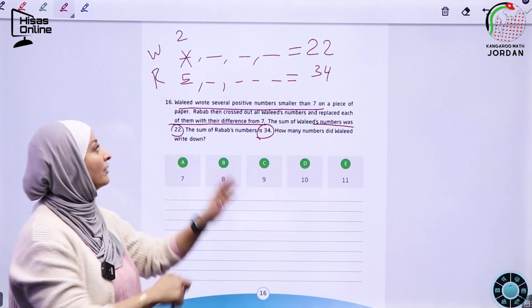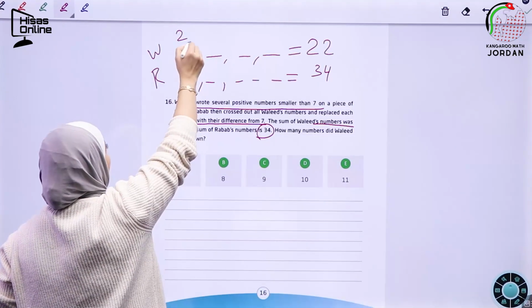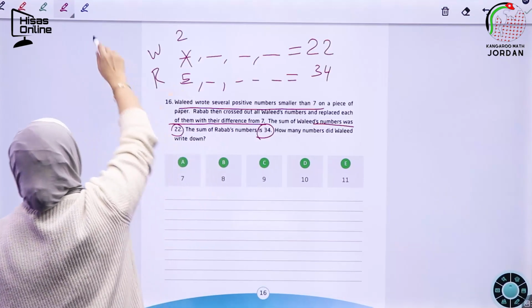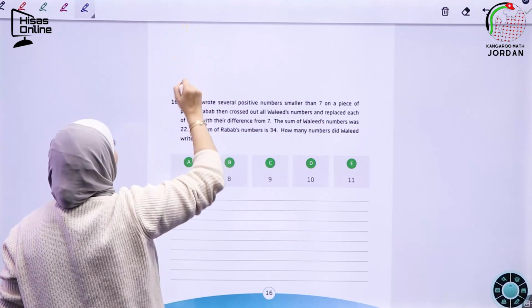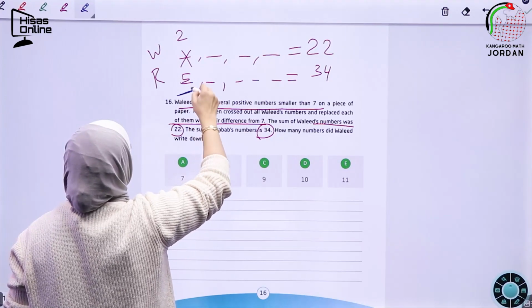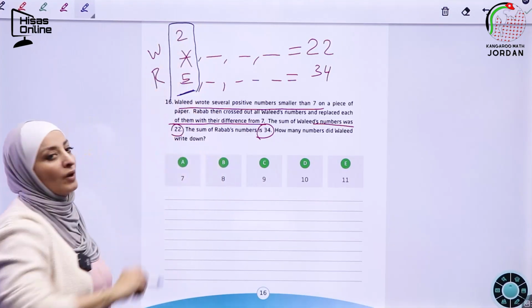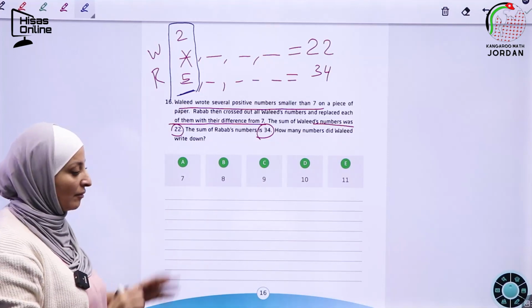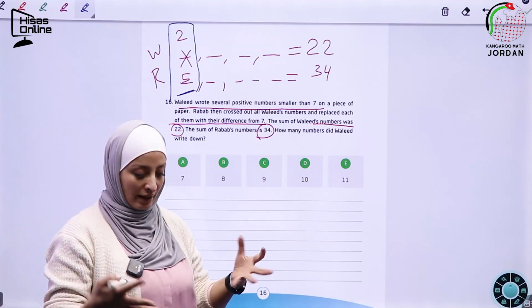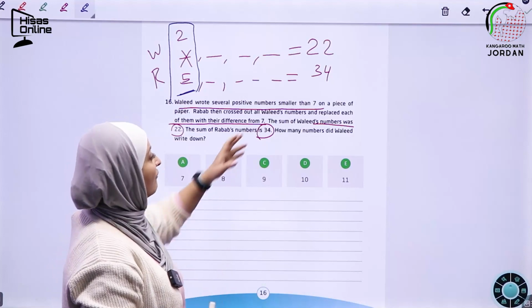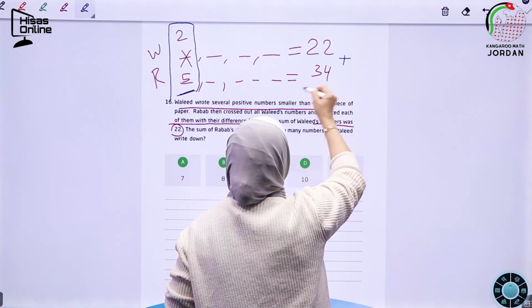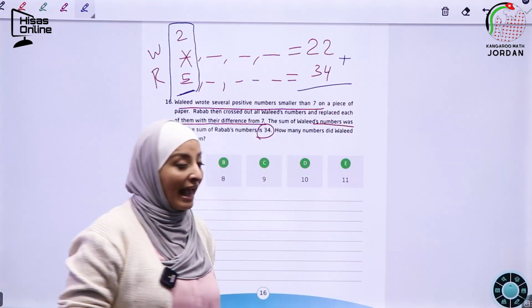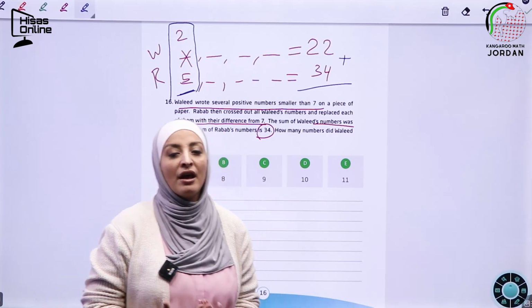First of all, we have to know that the numbers are going to be in pairs, guys, because for each number Walid wrote, Rabab crossed it out and put another number. So we're making them in pairs. If I add both of the sums and divide by 7, why?